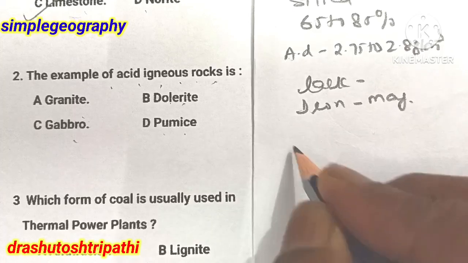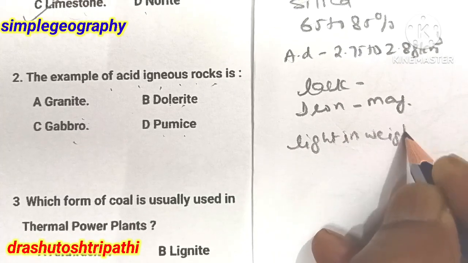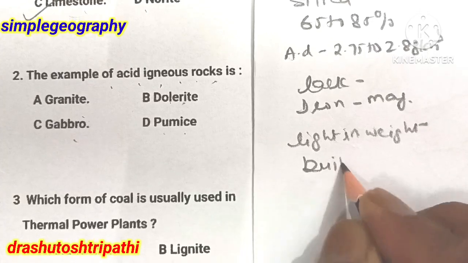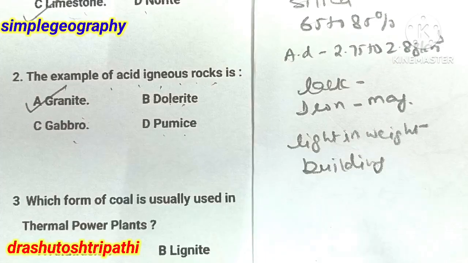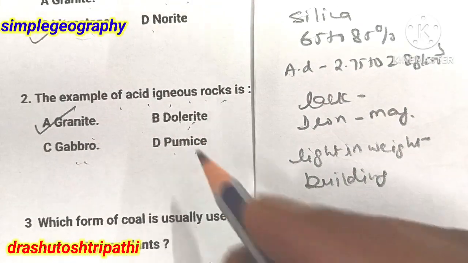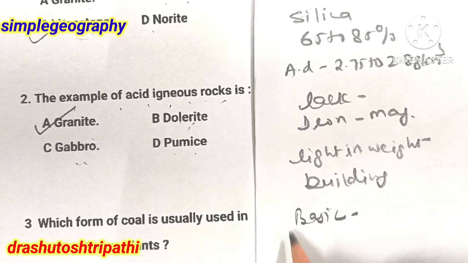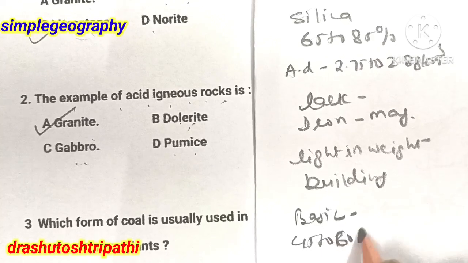These rocks are light in weight and generally used in building materials. The answer among these is granite, and dolomite and gabbro are examples of basic igneous rock, which has silica content between 45 to 60%.